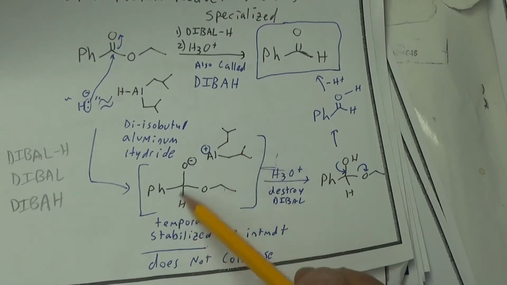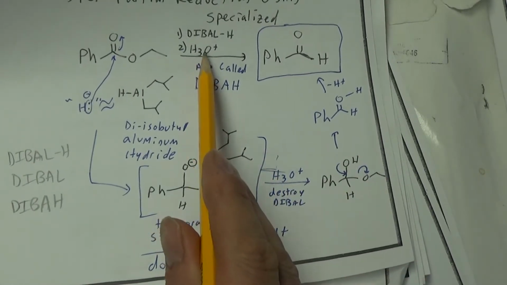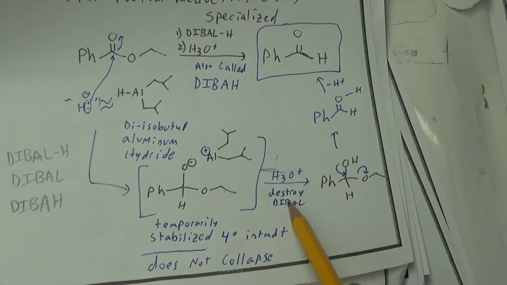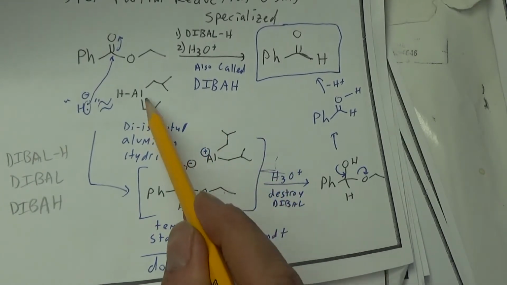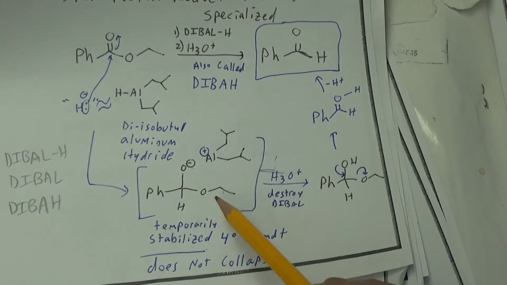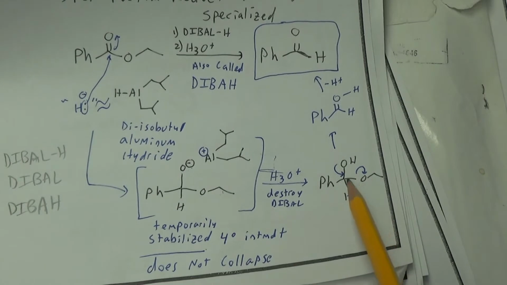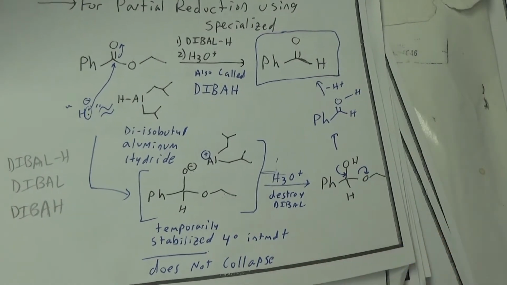It's stuck in this situation until you add acid water, and then that destroys any excess DIBAL, the reducing agent, and then it allows this thing to collapse, and then you get the aldehyde. That was the cool mechanism for how DIBAL works.